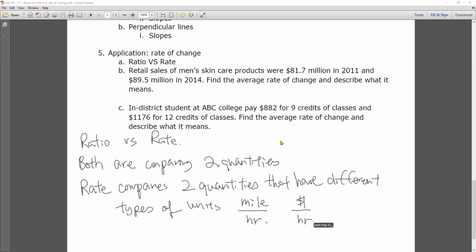Okay, these are two different types of quantities with different units. Whereas ratio, you're comparing two quantities, but the units are the same. Or at least I should say the same type of units. Okay. So this is a definition that we need to know, because later on we'll use it. Now let's go ahead and dive into part B.